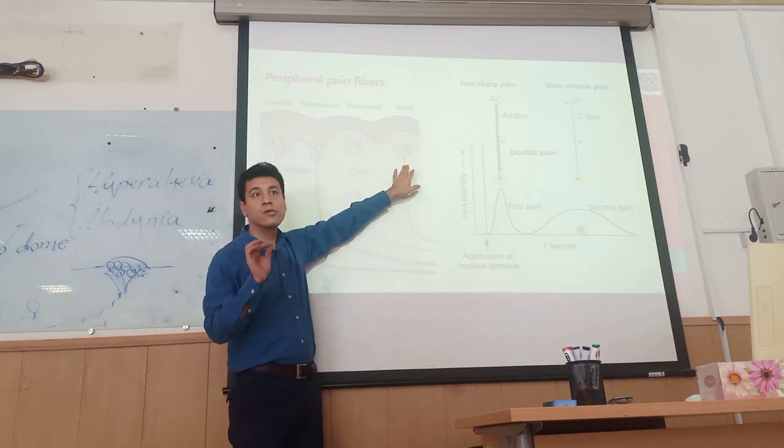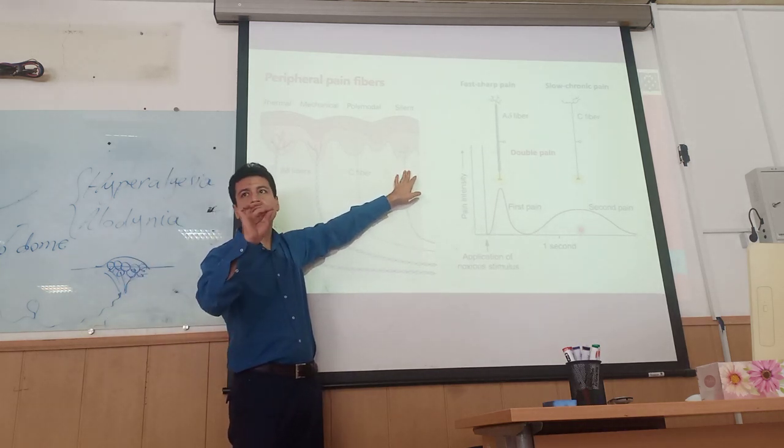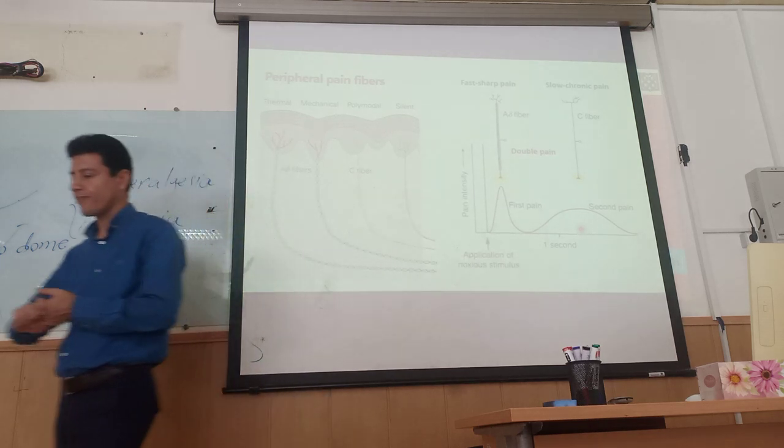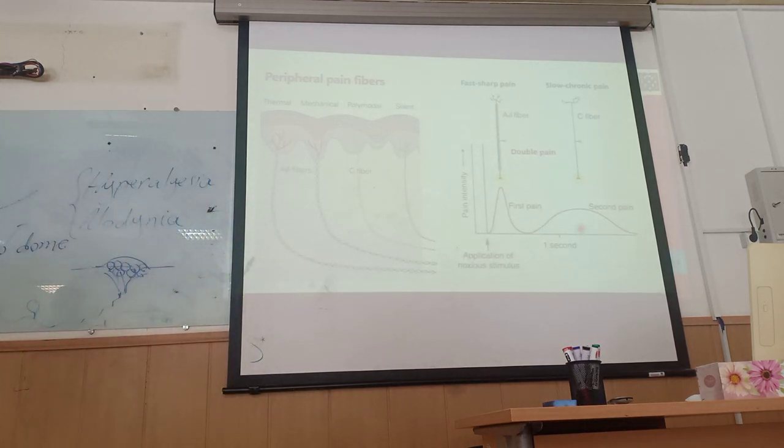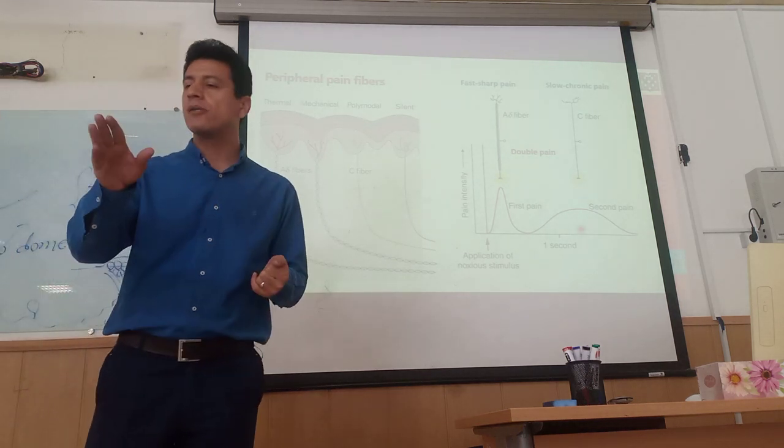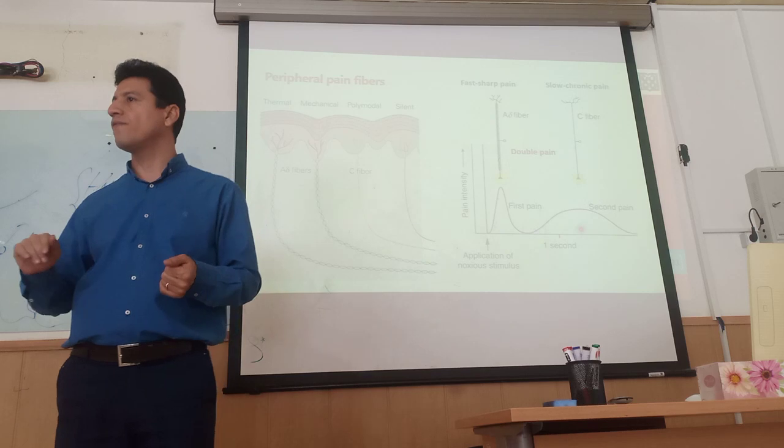Silent nociceptors also use C fibers for transmission of the signal. So again, pain receptors use A delta fibers for thermal and mechanical, and C fibers for polymodal and silent receptors. And you know that A delta fibers are faster than C fibers.